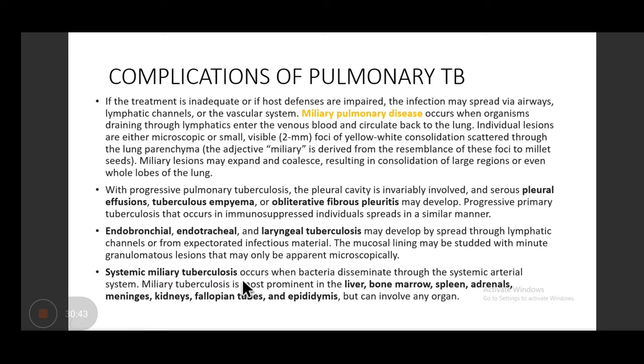That's what I told you earlier, right? You can also call this disseminated TB. Miliary tuberculosis is most prominent in the liver, bone marrow, spleen, adrenals, meninges, that is your CNS, kidneys, fallopian tubes, and epididymis, but can involve any organ. You have to remember that TB can involve any organ of our body.